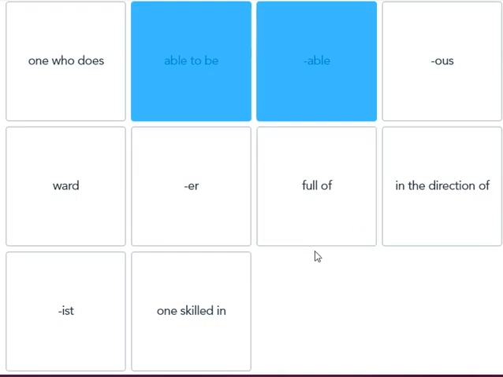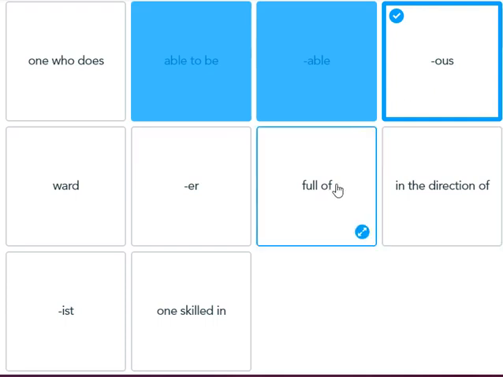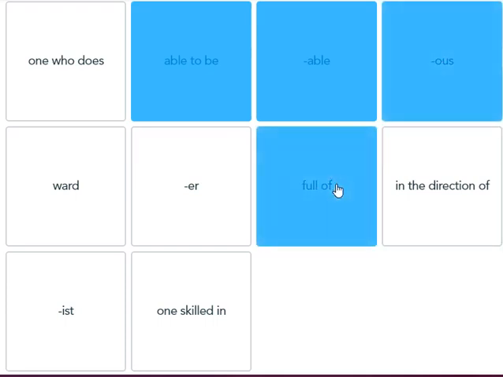How about us? This suffix us would mean full of. So, it's conspicuous, curious, full of curiosity.